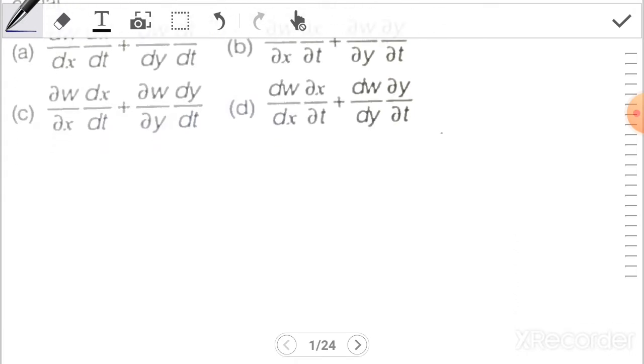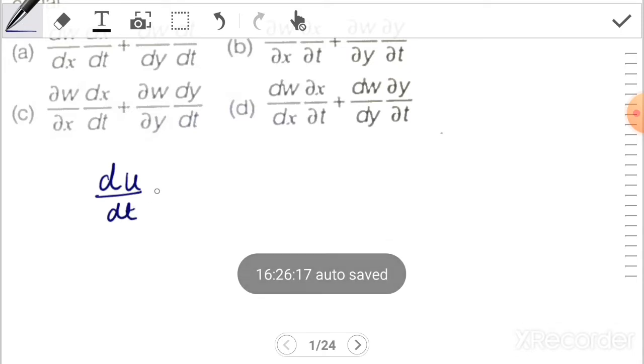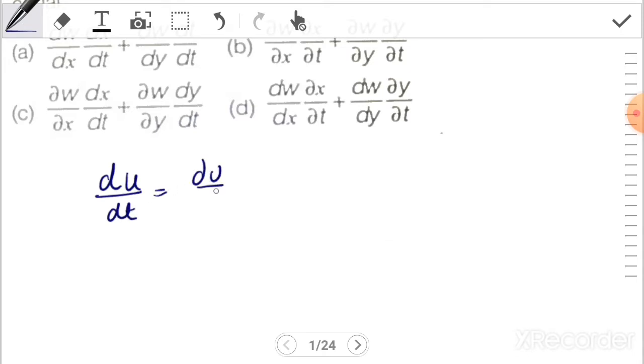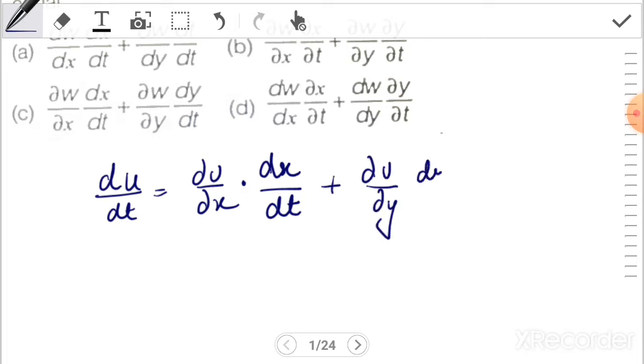So the correct formula for the total derivative is du/dt equals ∂u/∂x times dx/dt, plus ∂u/∂y times dy/dt, where ∂u/∂x and ∂u/∂y are partial derivatives of u.